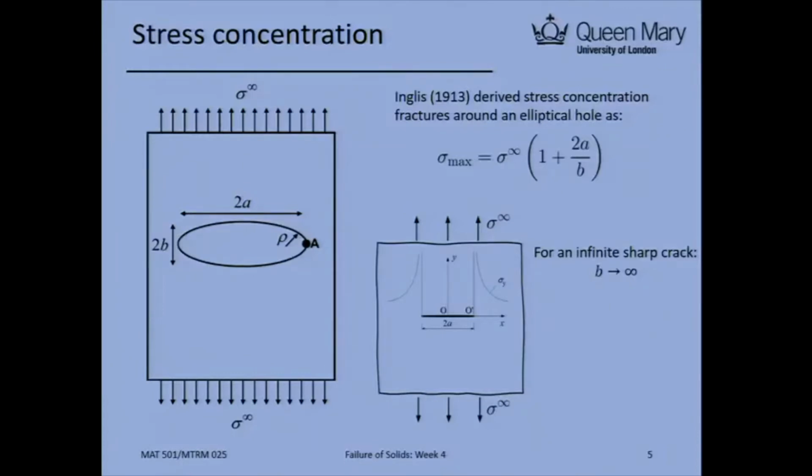You cut a very sharp tip, and you can assume it's very, very small. In that case, B is equal to 0, and this term becomes infinite. This hugely increases the stress concentration at that point.